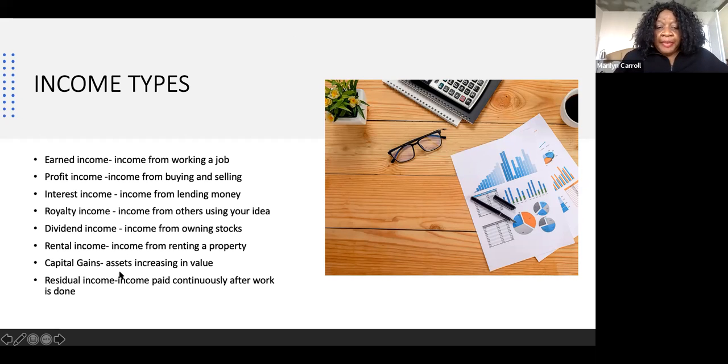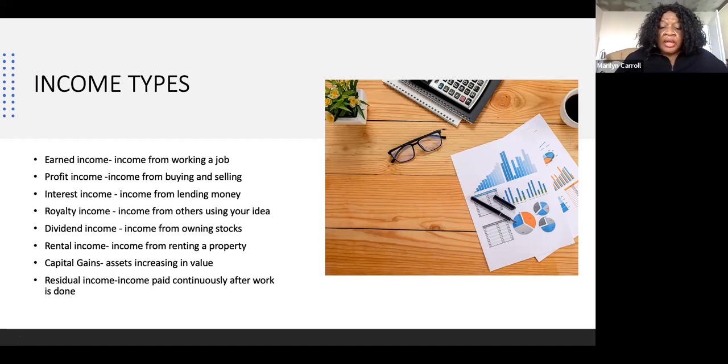We have capital gains income. Capital gains happen with assets increasing in value. So you can have a capital gain for stocks you own. When I worked at Invesco and the bank, I always received shares of stock in the company. You could buy in. At one point, you just got them for free, and then you have to buy in or use some of your income for it.